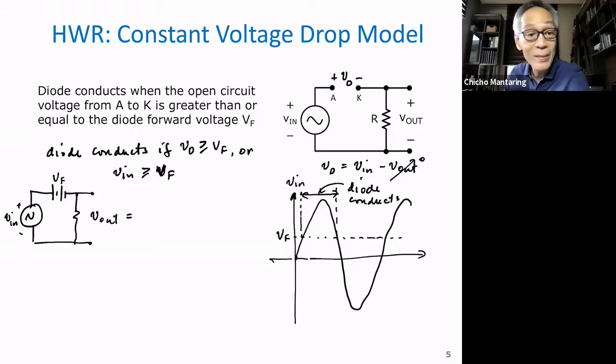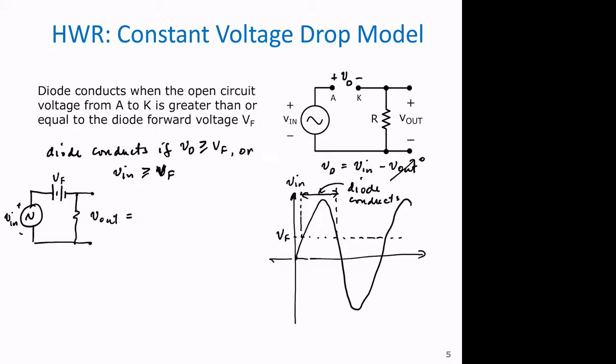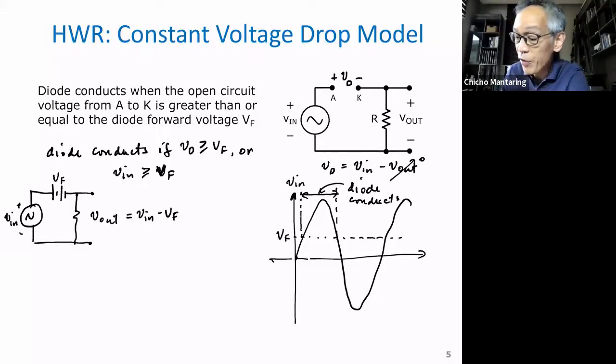Someone please shout it out. What is the value of V out? Sir, V of in minus VF po. Exactly, V of N minus V of F. So magki-KVL ka lang rito, makikita mo na V out is V of N minus V of F.